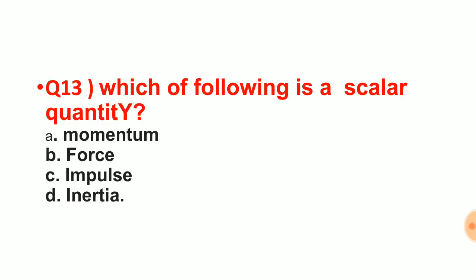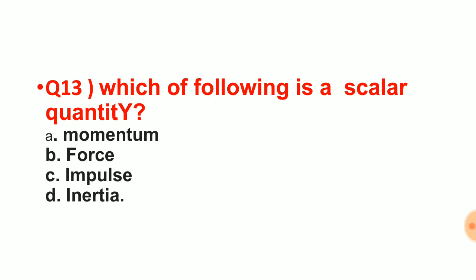Now let us see question number 13. Which of the following quantities is a scalar quantity? We know that momentum is the product of mass and velocity, which is a vector quantity. Force is also a vector quantity. Impulse is the product of force and time. This is also a vector quantity. Momentum, mass into velocity. Force, mass into acceleration. Impulse, force into time.